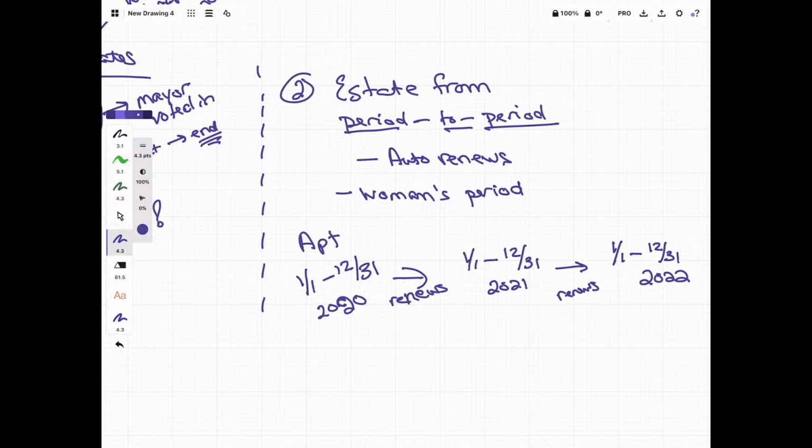You have this set amount of time. And at the end, unless either the landlord or the tenant cancels, it just automatically renews into a new period.